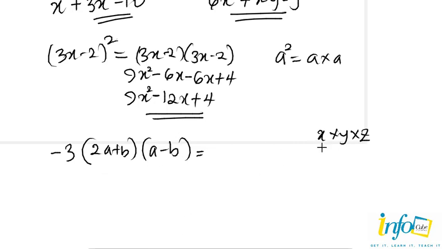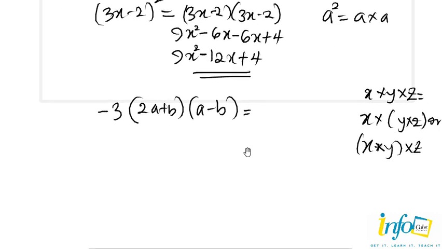Now we can solve this in two ways, by either saying x times y times z, or x times y in bracket times z. So it means that this and this are the same thing. If you use either method, we'll all arrive at the same answer.